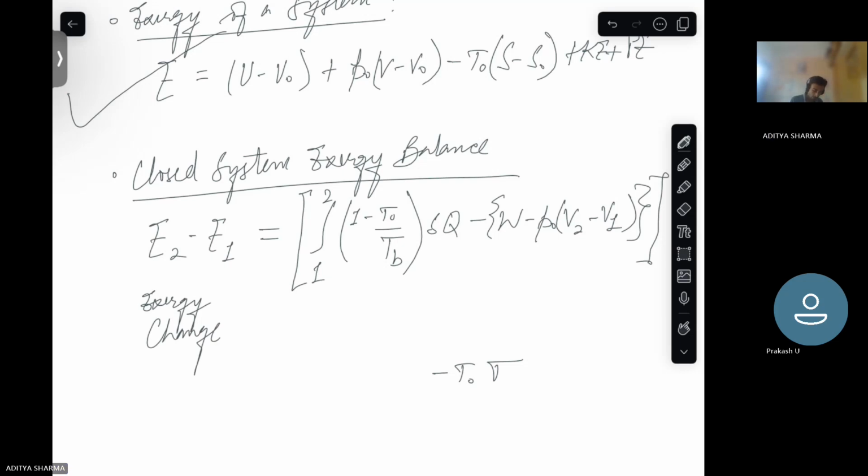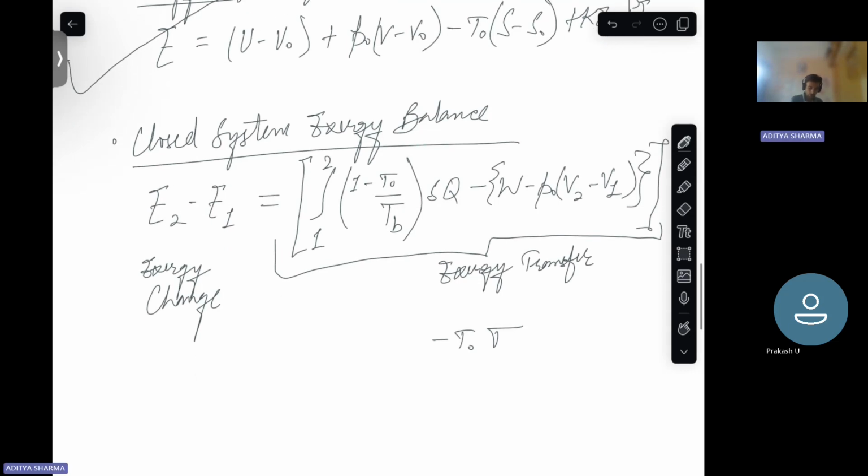One is this, which is exergy transfer across the boundary, right? Because it's a closed system, in that case, heat terms can come into picture for exergy transfer.